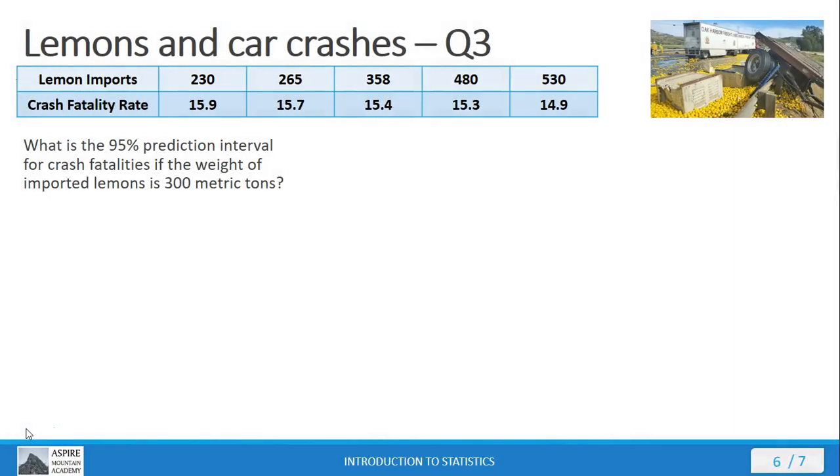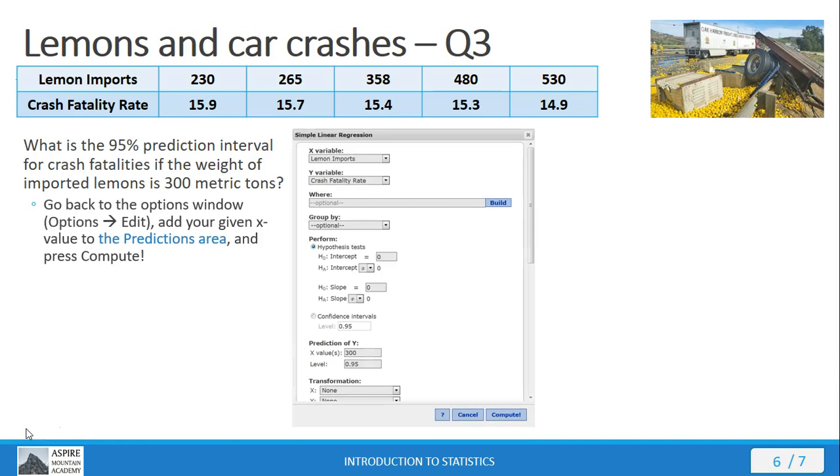What is the 95% prediction interval for crash fatalities if the weight of imported lemons is 300 metric tons? For this, we're going to go back into our options window and go down to that predictions area. Down here in the prediction area, we're going to put in 300. It asks for a 95% prediction interval.